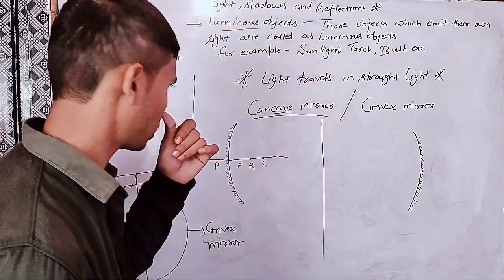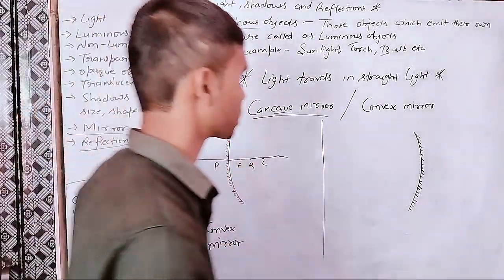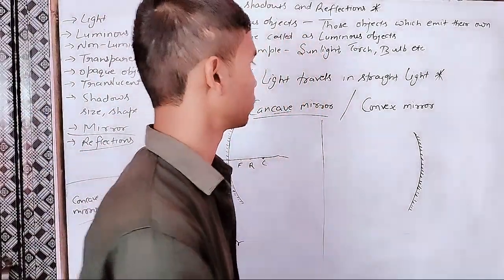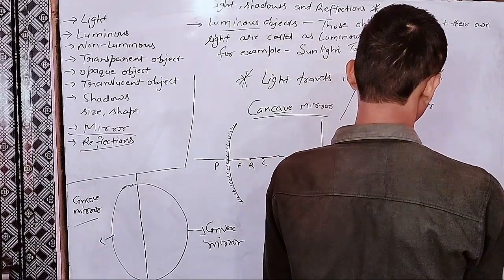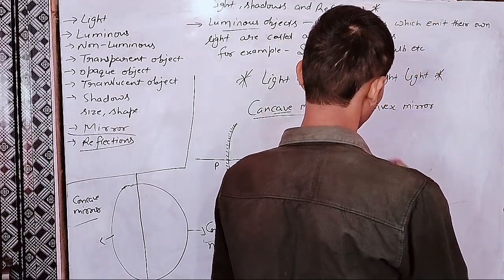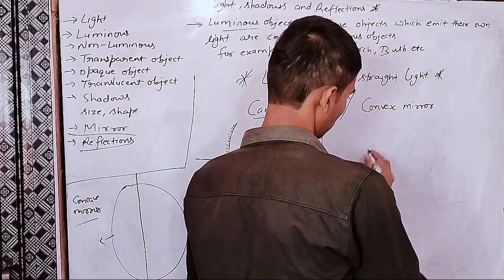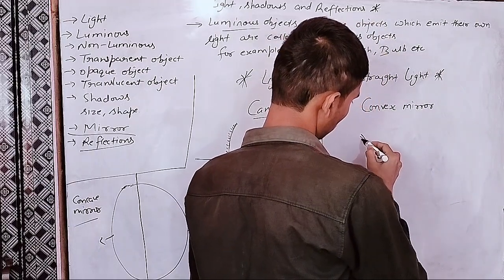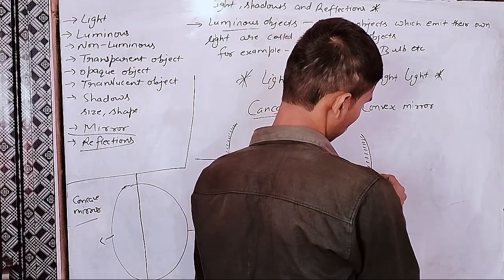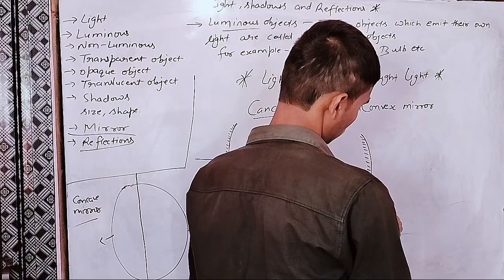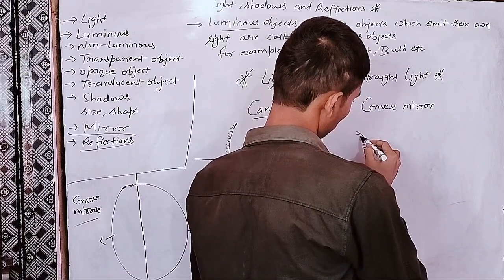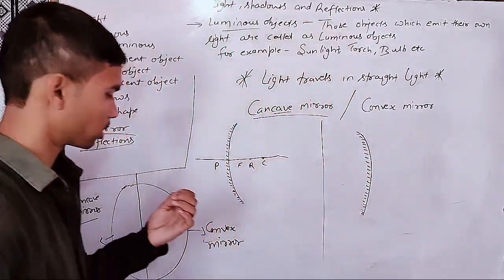Here, try to understand. We have convex. So this is a wrong diagram to describe a convex mirror. Here, try to understand.